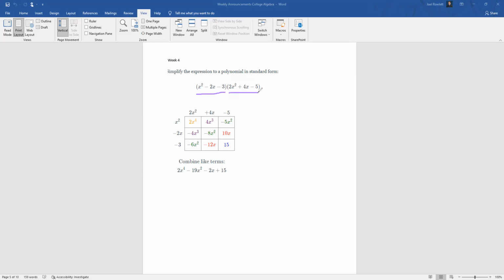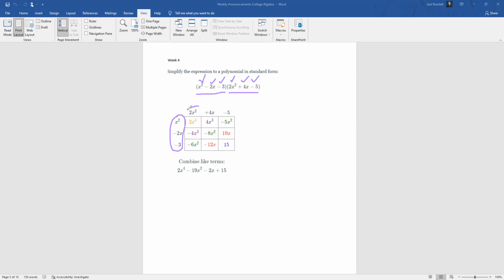And to do the box method, what we do is we count the number of terms that we have in the product. I've got 1, 2, 3 terms. For the first part, I have x squared minus 2x minus 3. And notice that I listed the 3 terms as such. That makes up the left column of the box. And then if you look at the other part of the problem, I've got 2x squared plus 4x minus 5.